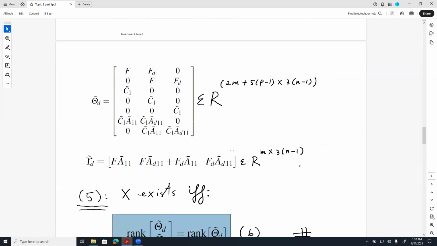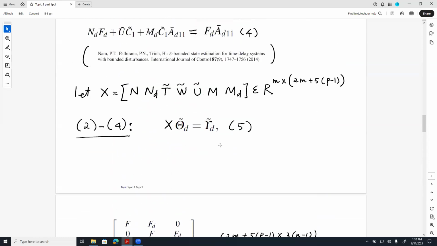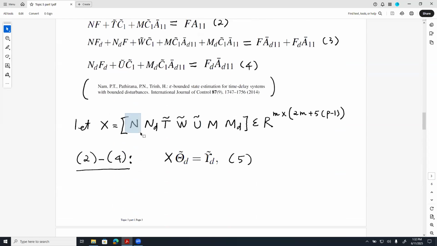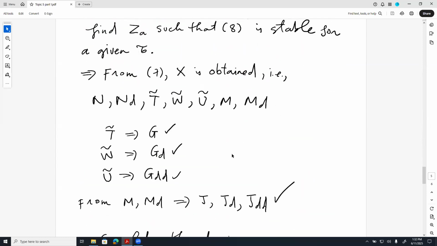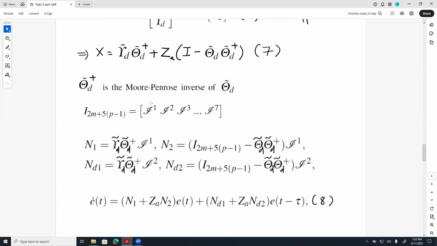Then we extract from there matrix N and ND. Remember, matrix N consists of the first m columns of X and the next m columns and so on. That's where we use this identity expression in there, okay?